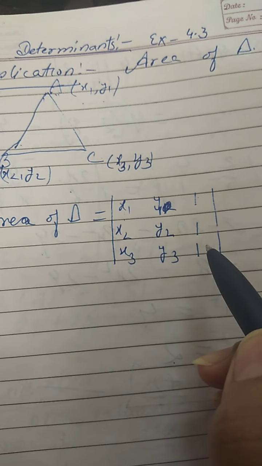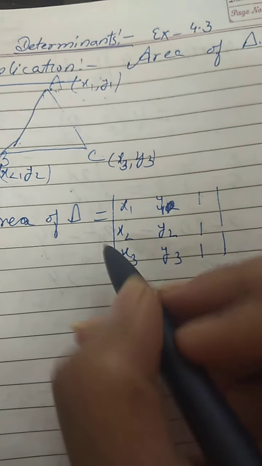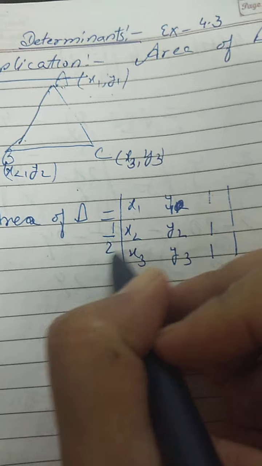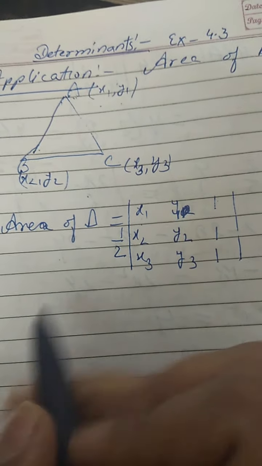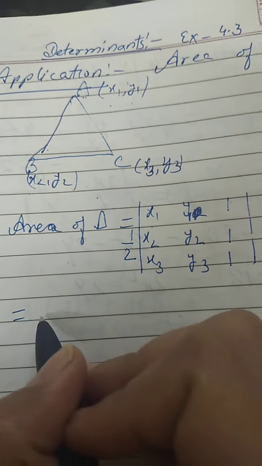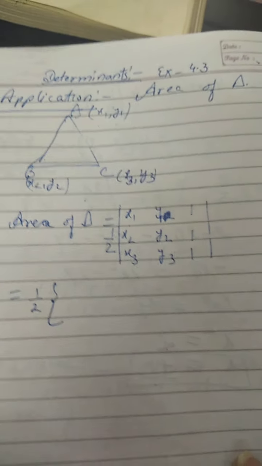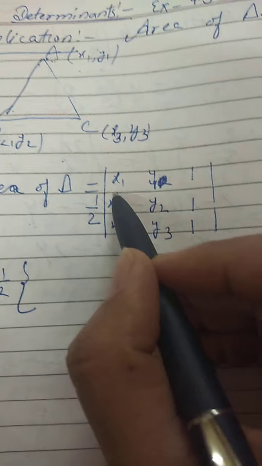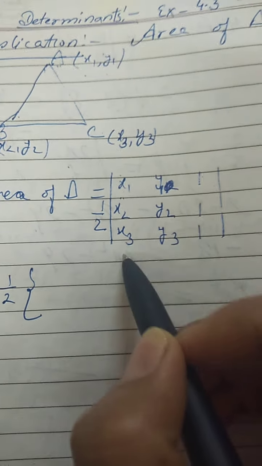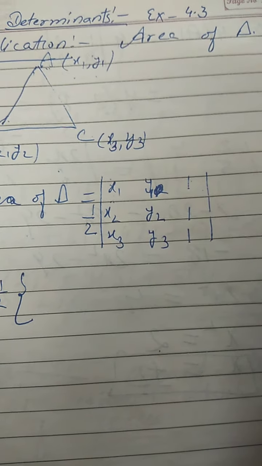And if you remember one more thing, when we are calculating the area, we multiply it by 1 by 2, right? Let me expand it, then you will get the idea where the formula you used earlier is coming from. If I expand this along either column 1 or row 1, we get the formula.